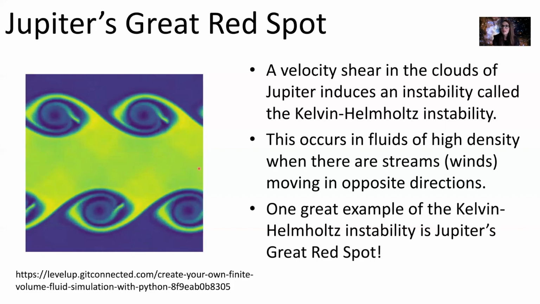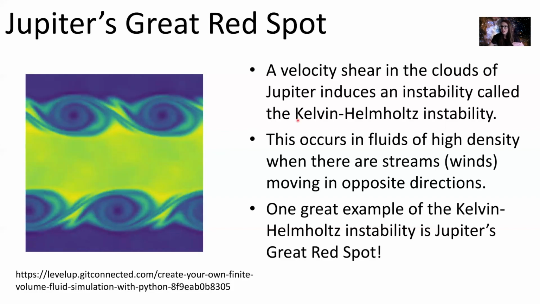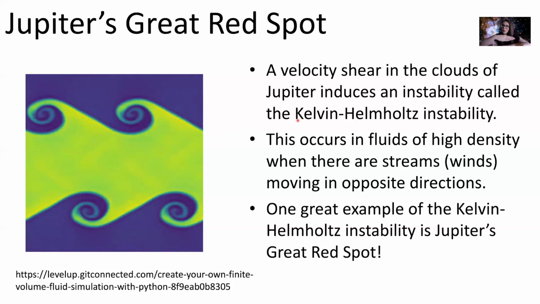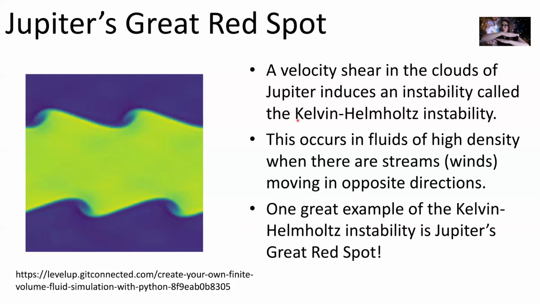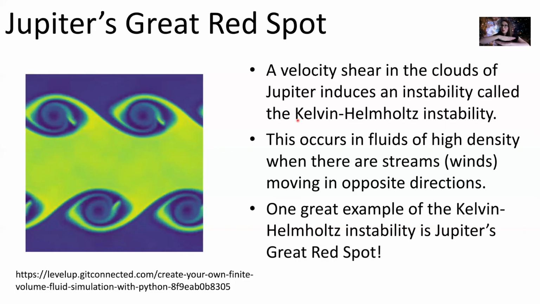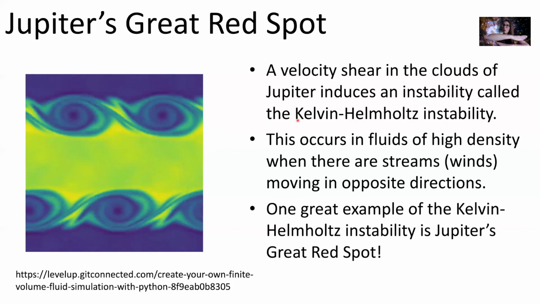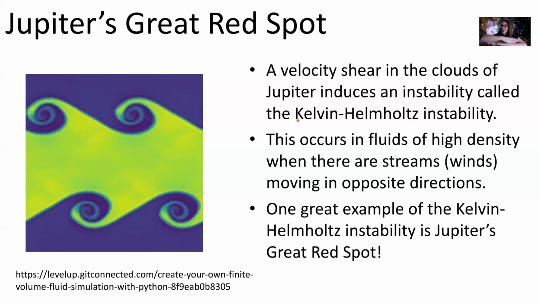Okay, so what happens? We have something called a velocity shear. That's velocity moving in different directions along a boundary. That velocity shear would be present between two consecutive banded clouded structures, where one band of clouds is going one way, the other band of clouds is going another way.